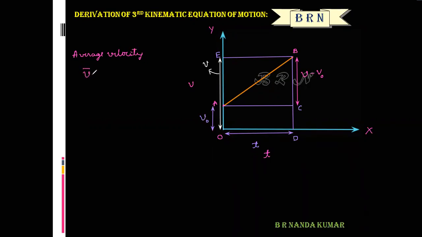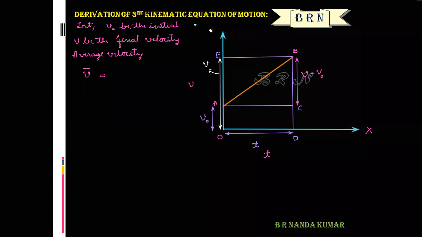Let v naught be the initial velocity of the particle and v be the final velocity.